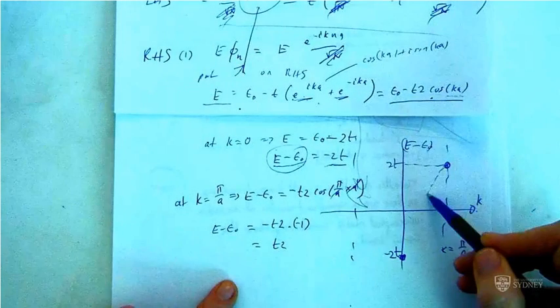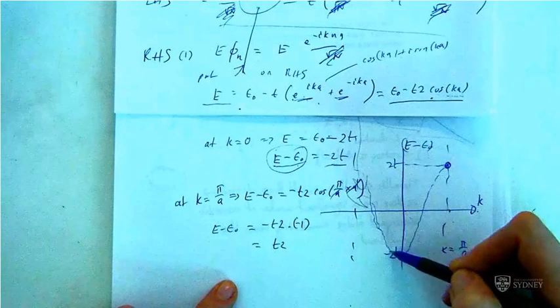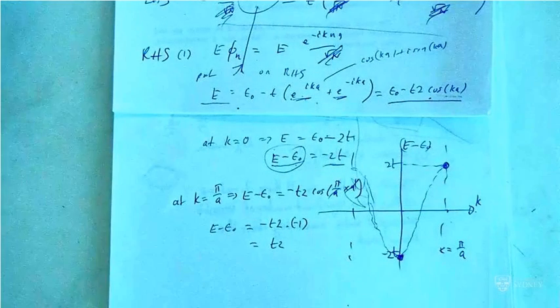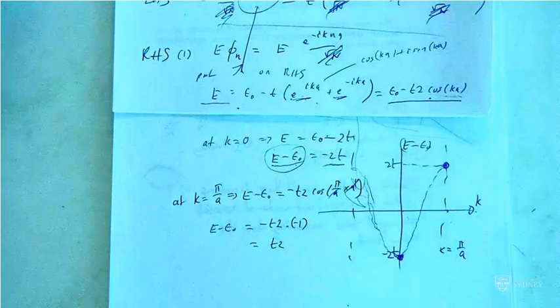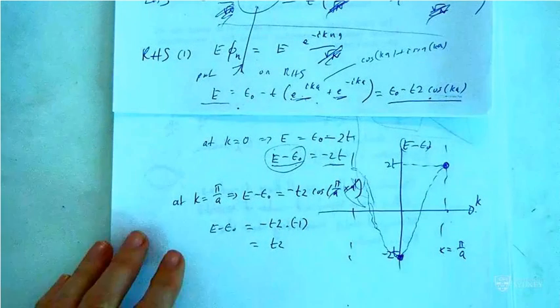Basically the plot looks like that, the dispersion curve for this kind of tight binding system that we have, a one-dimensional system.